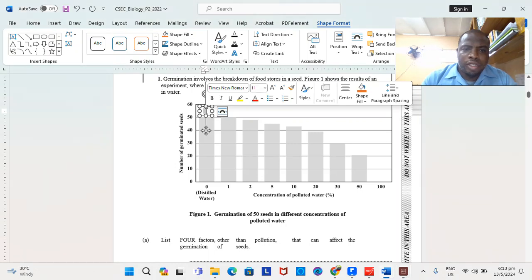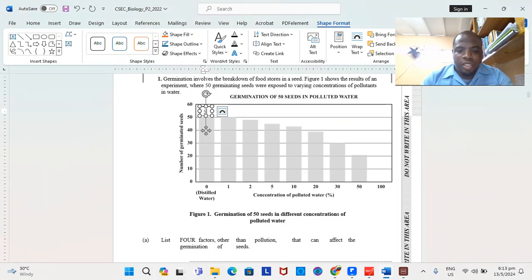All right, so we have 50 seeds. When we look at the 1%, we also had 50 seeds.